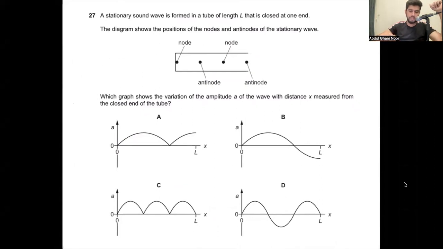Question 27 says, a stationary sound wave is formed in a tube of length L that is closed at one end. The diagram shows the positions of the nodes and the antinodes of the stationary wave. Which graph shows the variation of the amplitude A of the wave with distance x measured from the closed end of the tube?